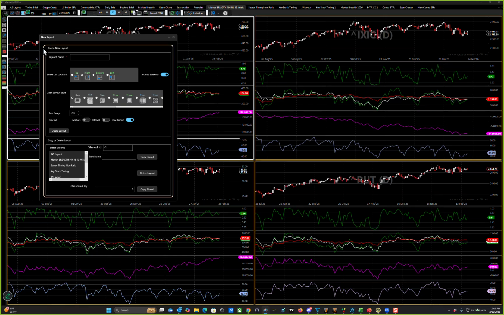This is the new layout creation tool, but I'm not really looking at it right now because of the create a new layout. I'm looking at it because if I have a layout here that I want to share with you, and this is called market breadth, new high, new low, 13-week, I highlight it and a number pops up here.